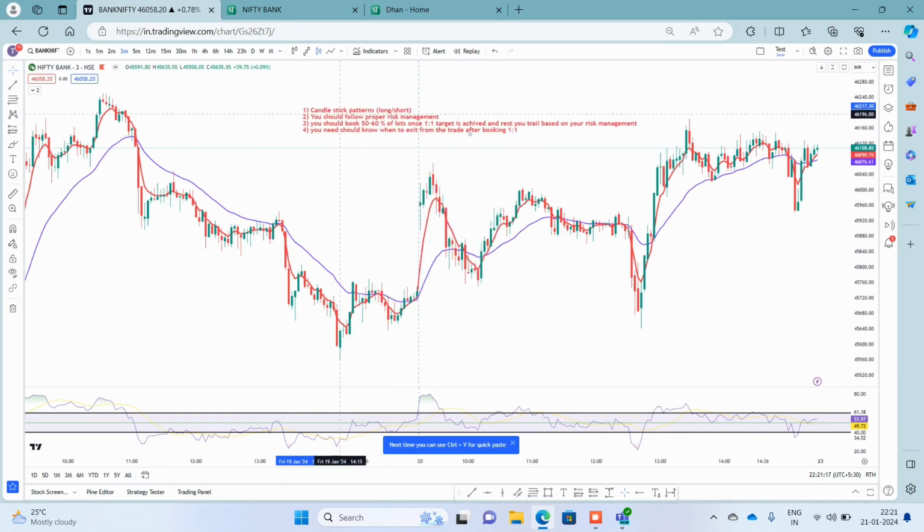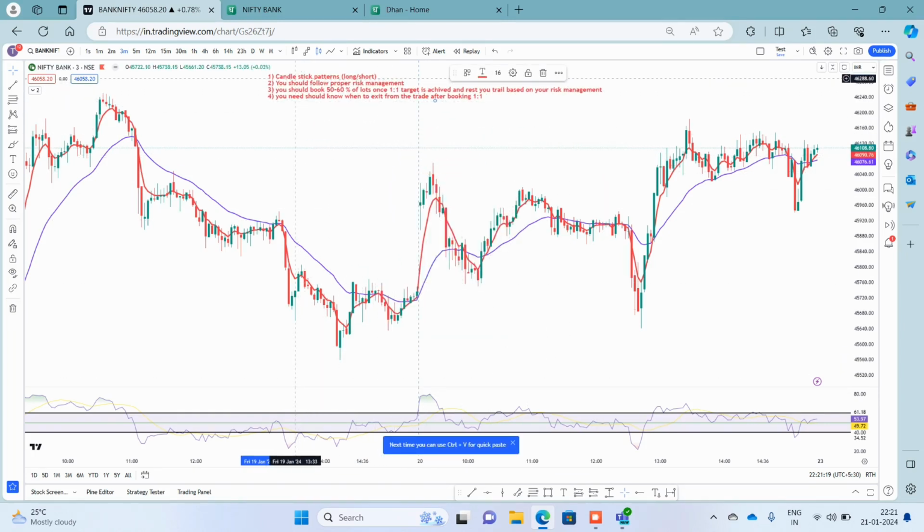Okay, so let me pull this here. First thing is candlestick patterns. Which candlestick patterns do we need to follow to enter a long trade? Which candlestick pattern do we need to follow to enter a short trade? There are only three candlestick patterns that we need to follow.